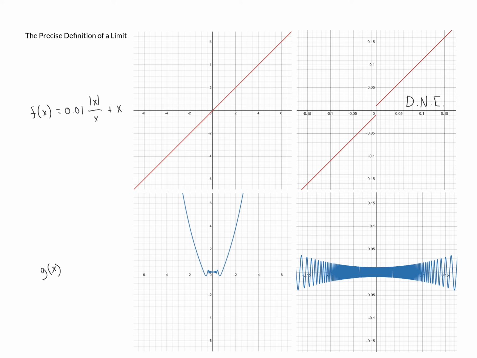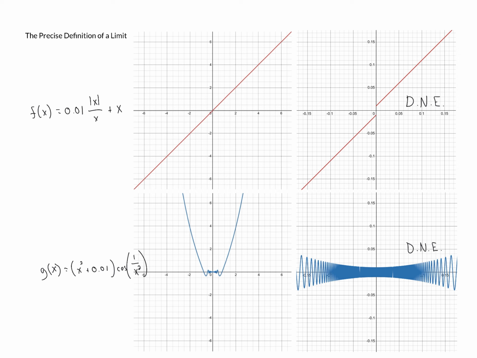In fact, the equation for this function is x squared plus 0.01 times cosine of 1 over x squared. And this is another situation where that limit as x approaches 0 does not exist, but that's because the function is still oscillating in between a range that goes from negative 0.01 to positive 0.01.